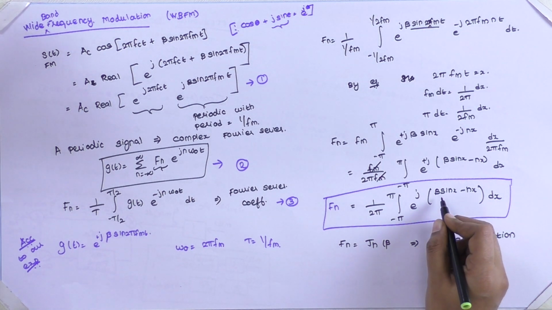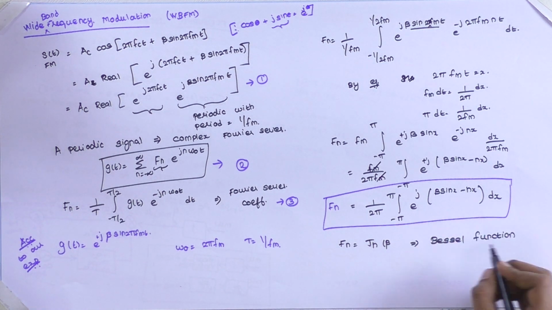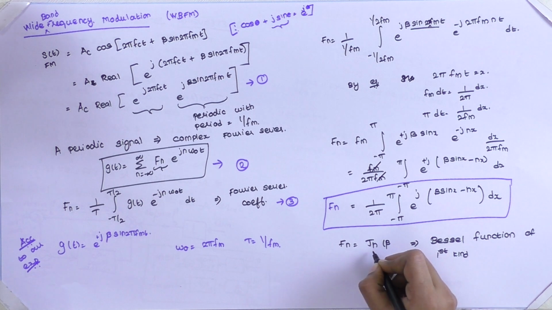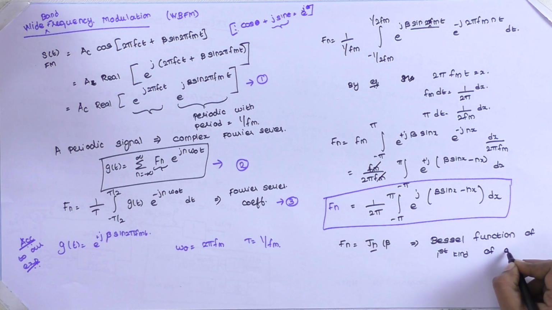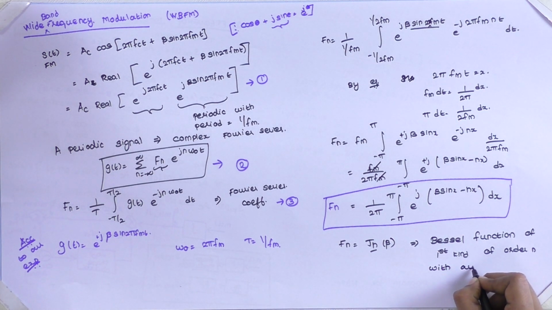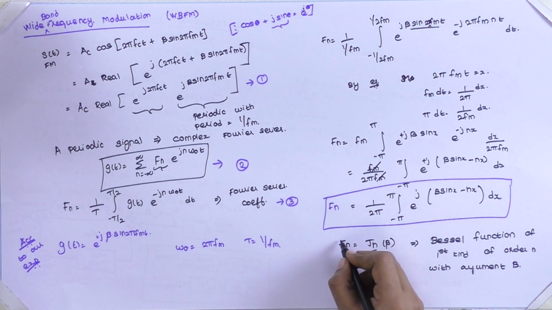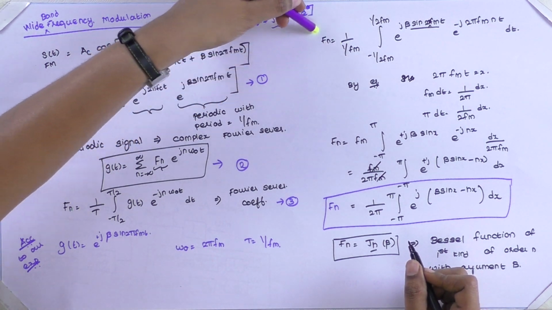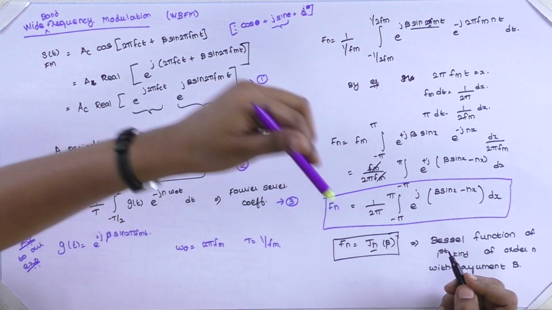Here, e power j into beta sin x minus nx is a Bessel function of first kind of order n and with argument beta. Therefore, we have generalized our Fn, this Fourier series coefficient, as Jn of beta.